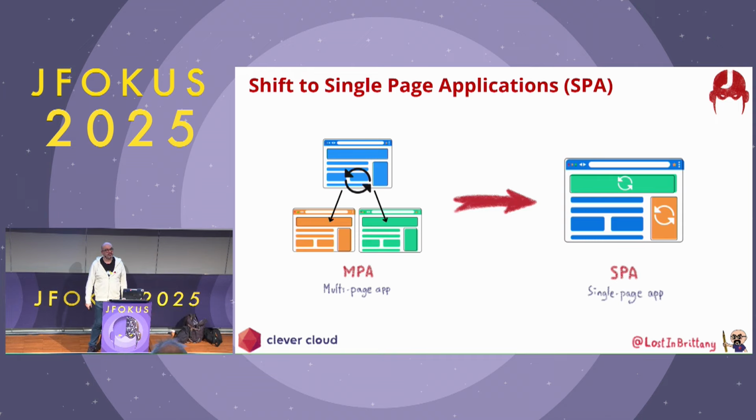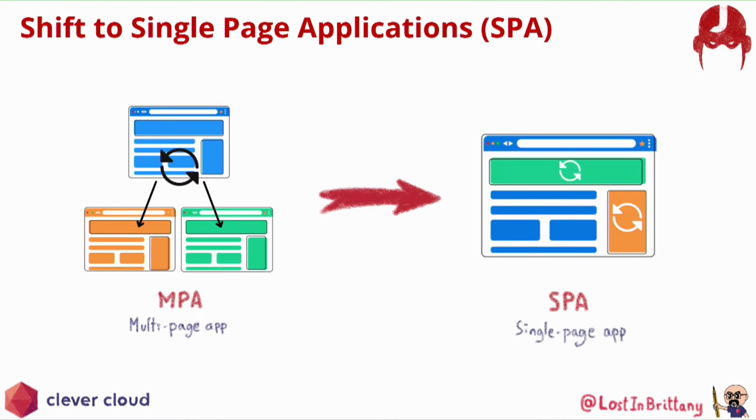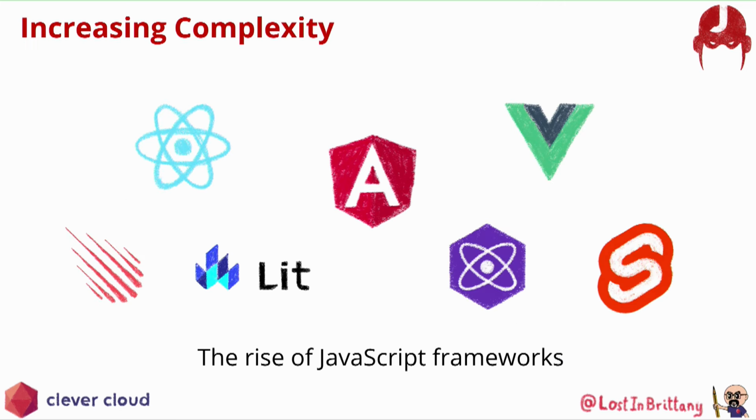We shifted from classical page-by-page navigation to single-page applications. And okay, they are really nice. You can do pretty complex things with a single-page application, especially if you begin to add some complexity layers. You have Angular, you have React, you have Vue, you have a ton of frameworks.